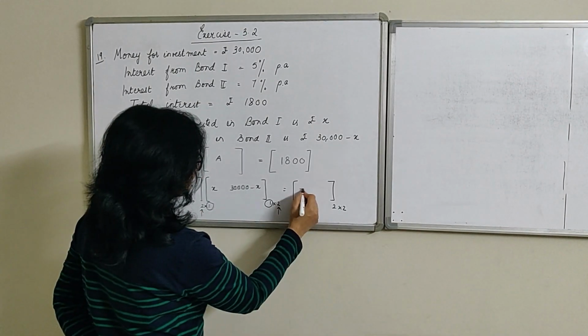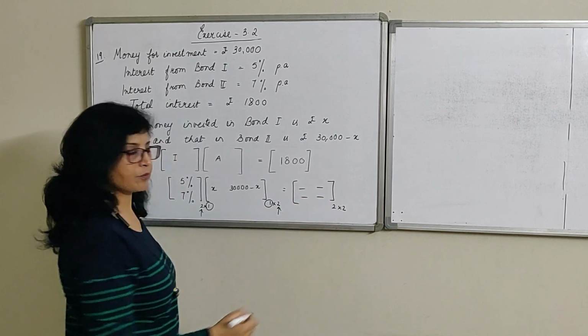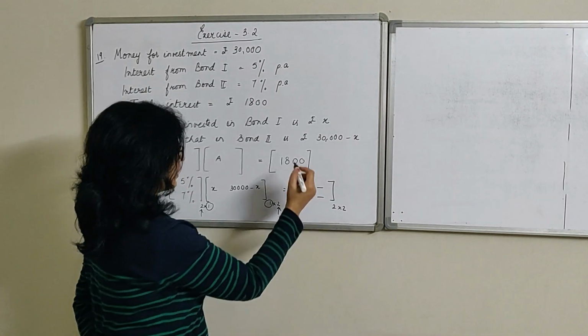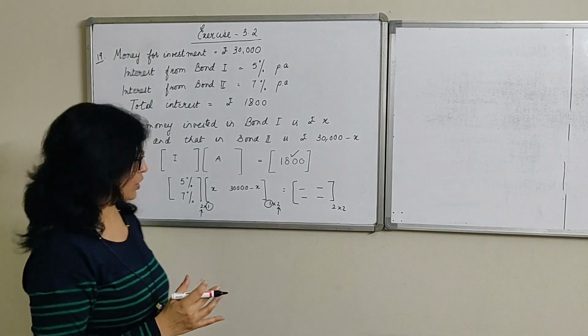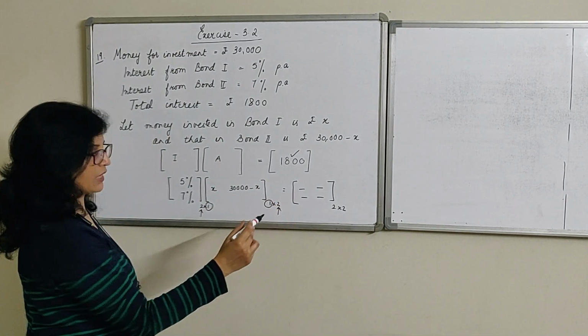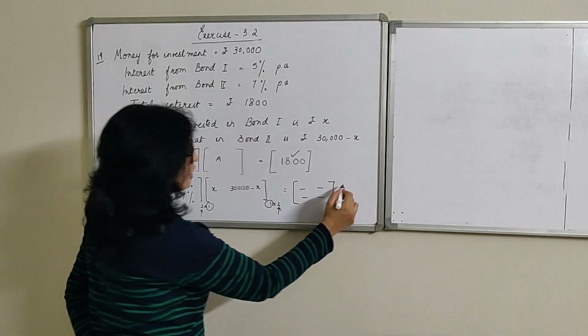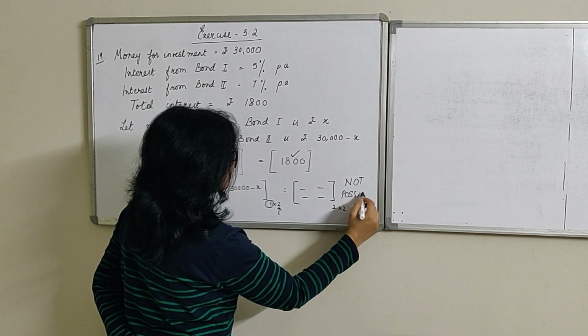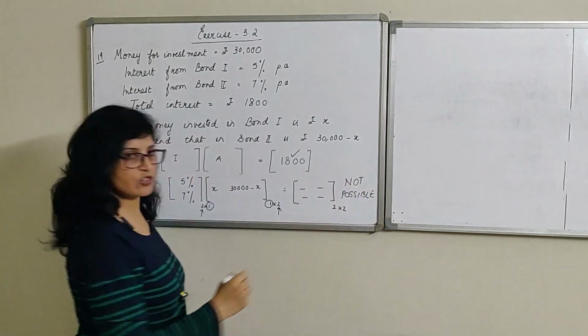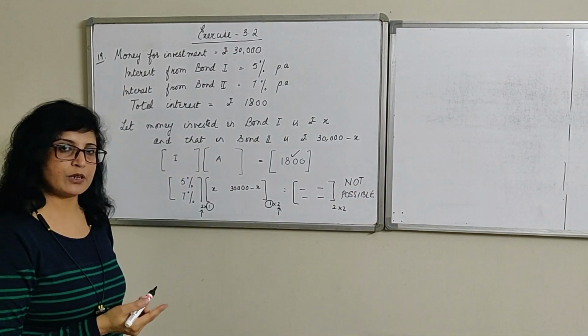A 2 by 2 matrix means there are 4 elements here. But the question says that the total interest is exactly one value, which is 1800 rupees. So this kind of matrix multiplication is not possible. Multiplication is possible, but it does not satisfy the given condition in the question.